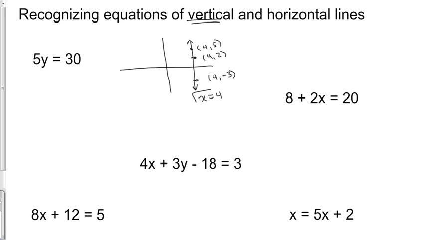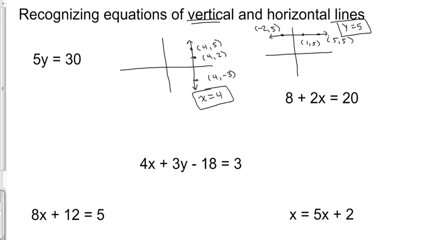So the equation of that line would just say x equals 4. Whereas a horizontal line, every point on that line is going to have the same y coordinate. So if I found a bunch of points on this line and named them, this might be the point (1, 5), whereas this might be the point (5, 5), and this back here might be the point (-2, 5). So since every point on this line has a y value of 5, the equation of that line would just be y equals 5.